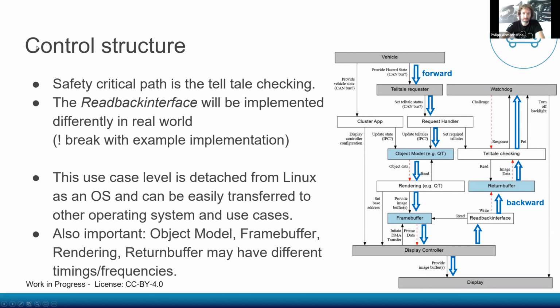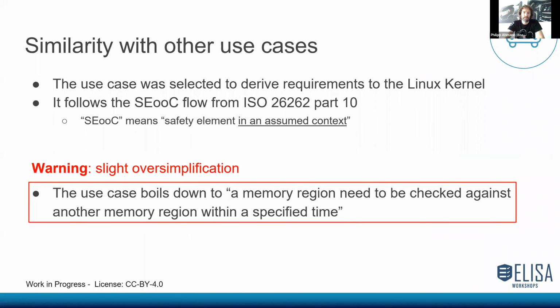Right, so then I'll come to which similarities this brings with other use cases. Basically, as we put things down, I made this a red warning here. It's really an oversimplification, but we need to make sure that a certain value is stored properly in a memory region, and it's checked against another reference in storage, memory, wherever this is.